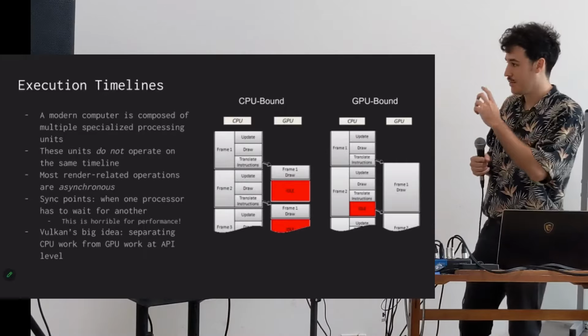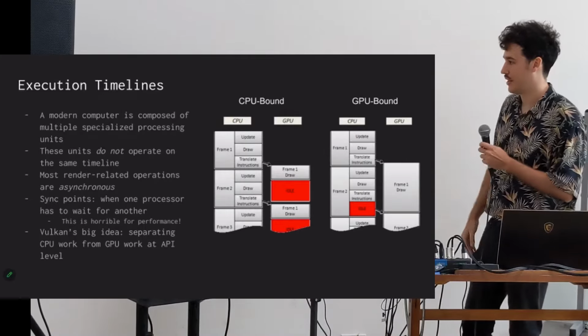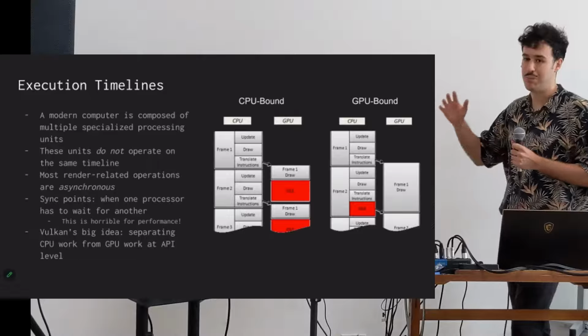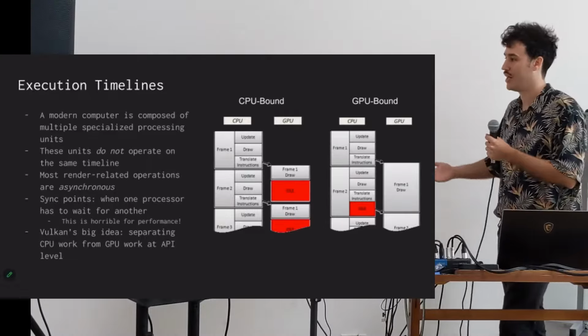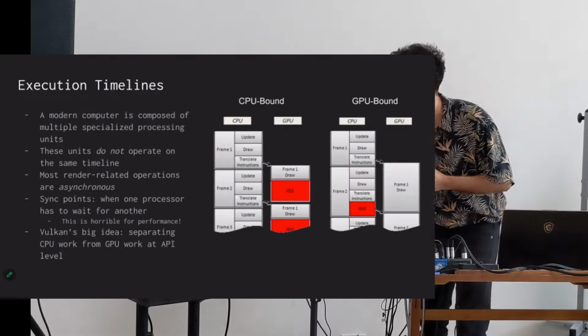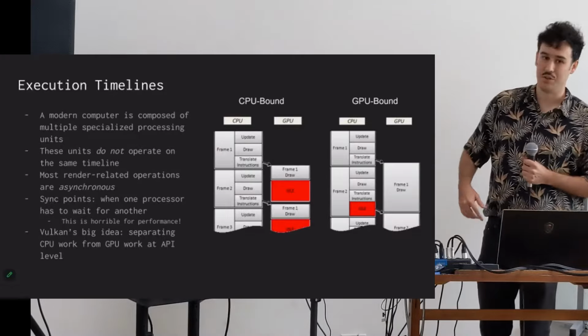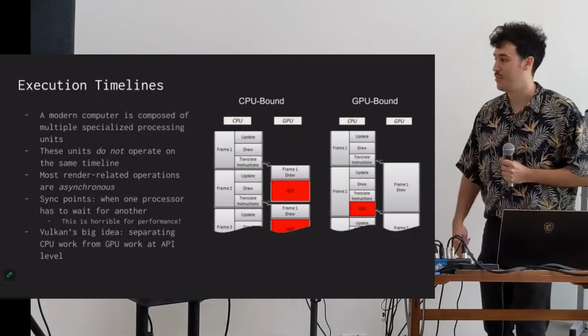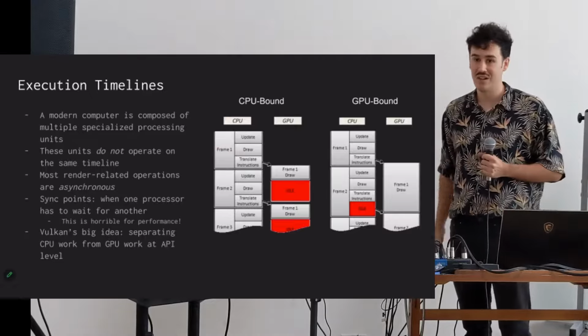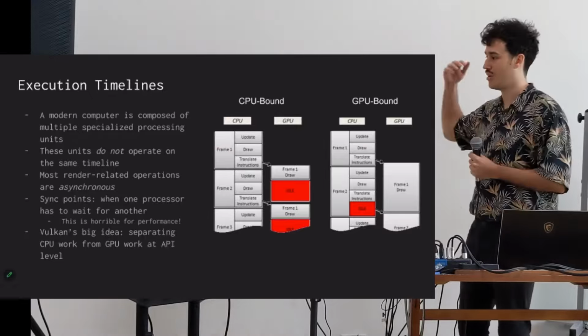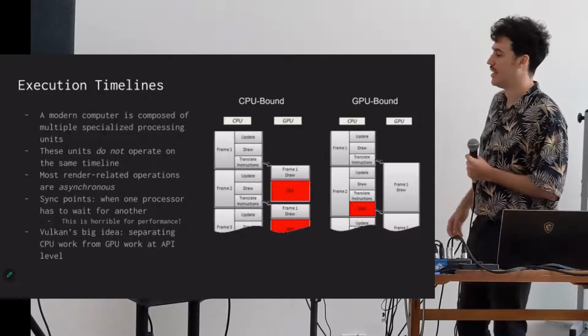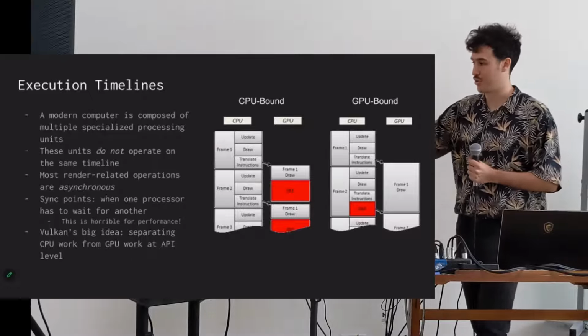So I have some diagrams here, and we're going to talk about GPU bound versus CPU bound code. You can see here we've got our CPU timeline, and the frame. It's updating all of these objects in your game, and then it's sending a bunch of draw calls, and then it's translating those draw calls into API calls, and then the GPU starts rendering.